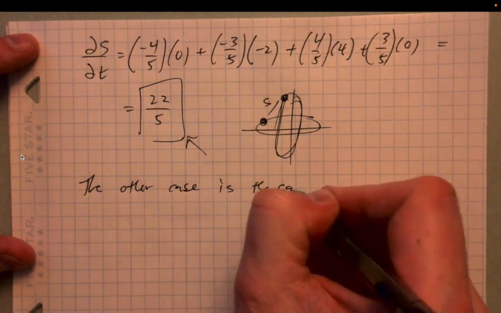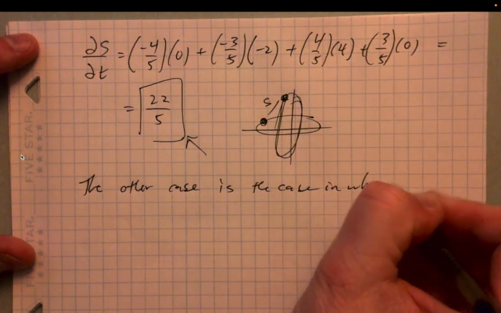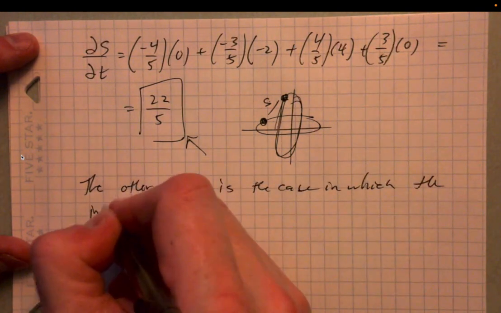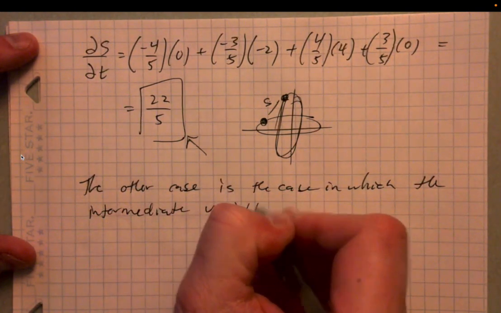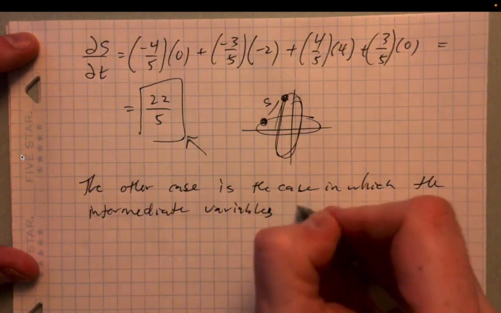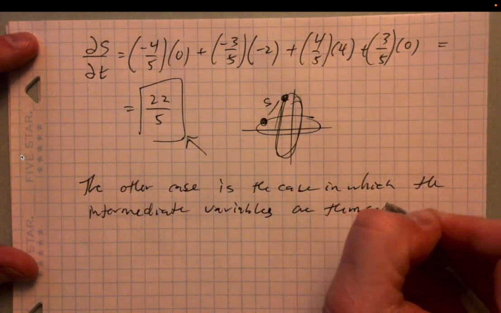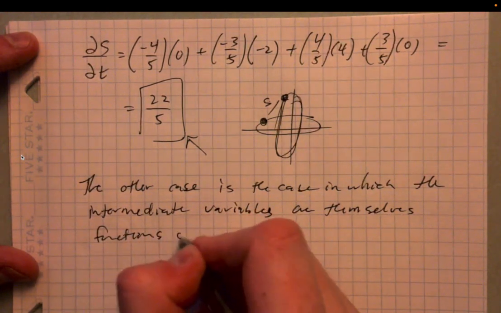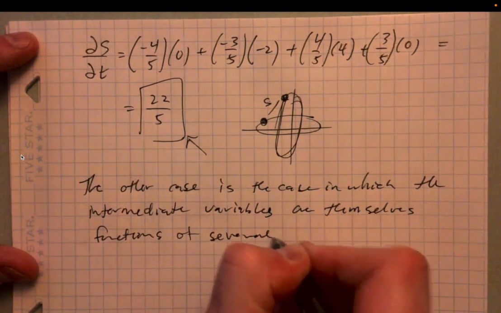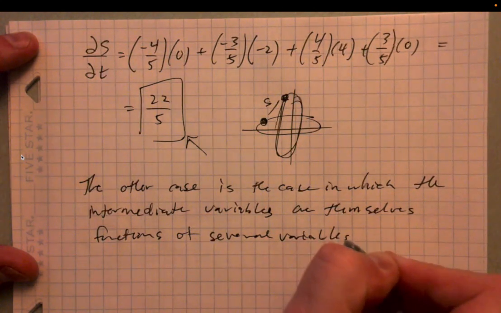So the other case is the case in which the intermediate variables, the x's and the y's, are themselves functions of several variables. Okay.